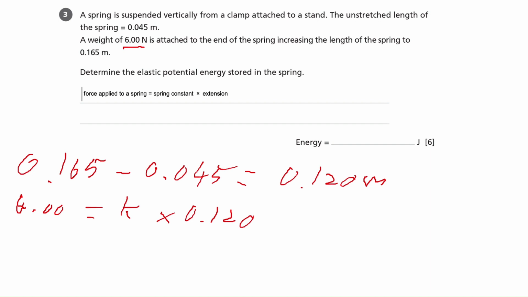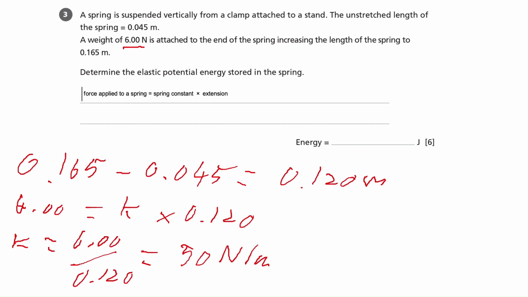What we now need to do is rearrange that equation to find K, make K the subject. So we say K equals 6.00 divided by 0.120, which gives us an answer of 50 newtons per meter.